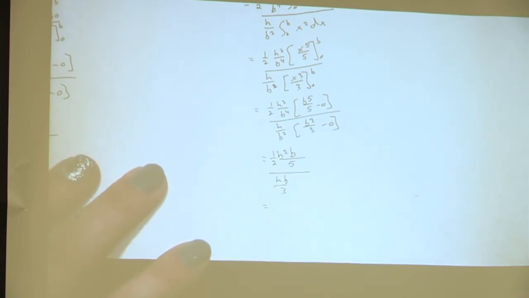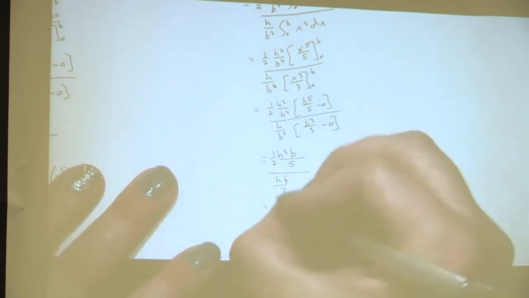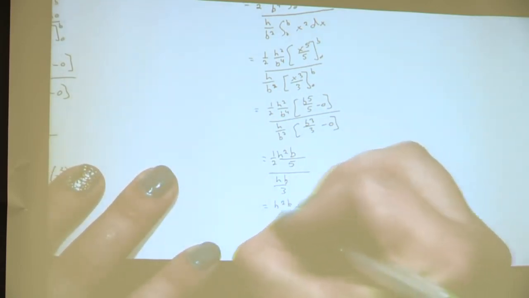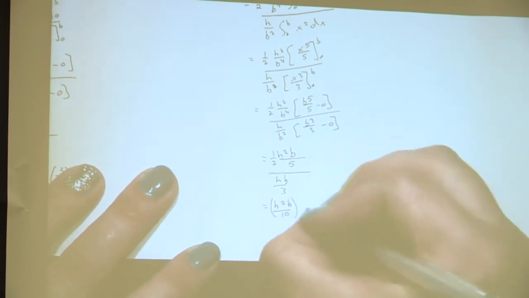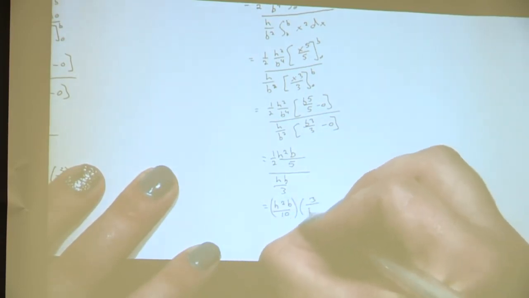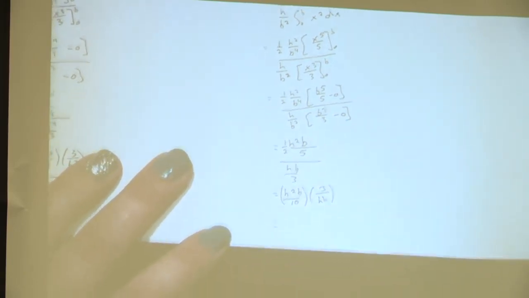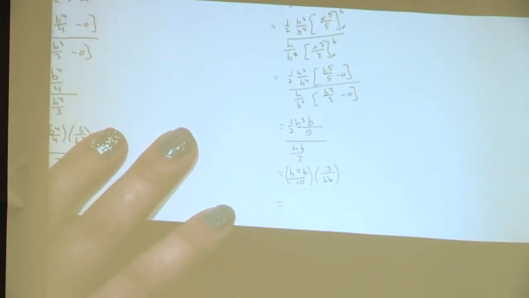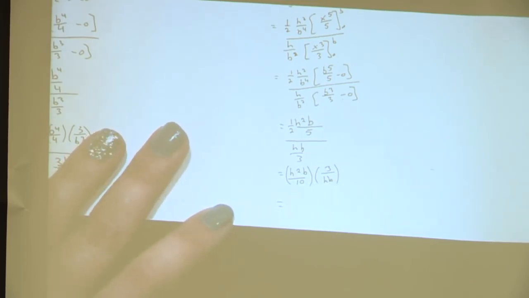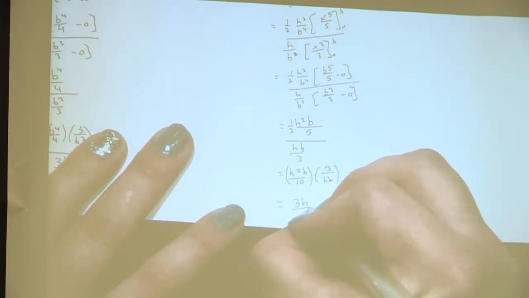We can multiply by its reciprocal again. So we would have h squared b over 10 times 3 over hb. And then what will that give us for our final answer? Yep, so 3h over 10.